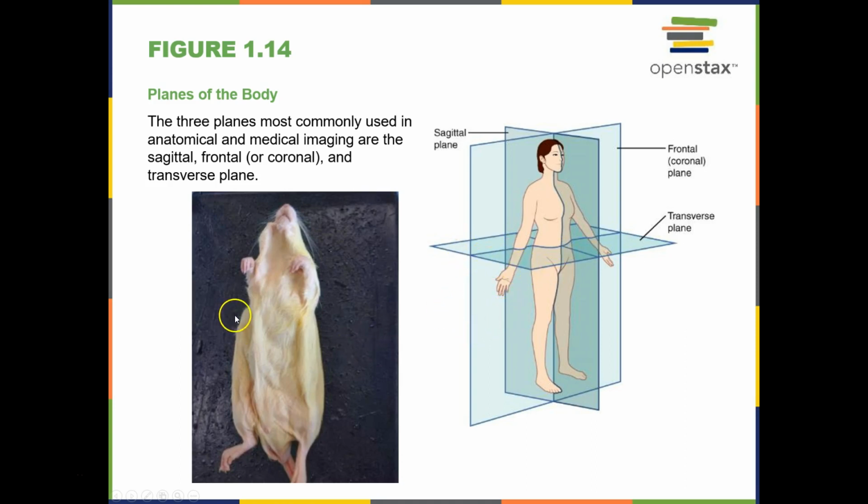So here's an example of how we will be using these planes or these sections. You will get to dissect a rat this semester, or you should be able to. I'm assuming I didn't have all my rats ruined or something. You're going to do a sagittal section right along the anterior aspect or their ventral body cavity.